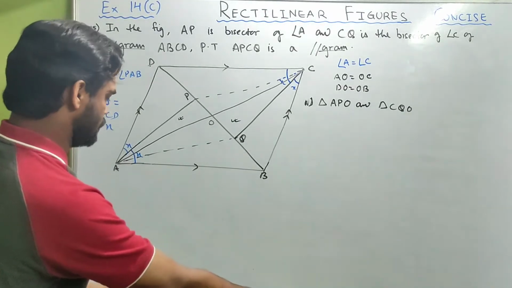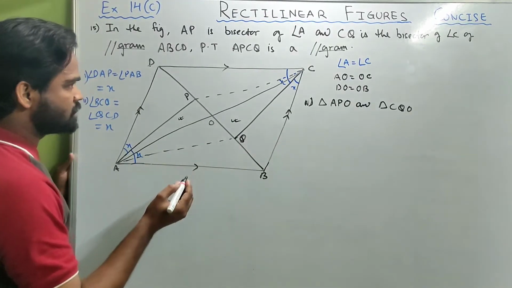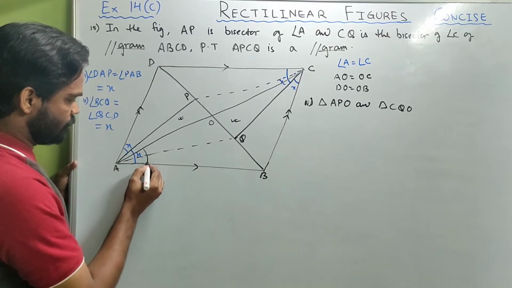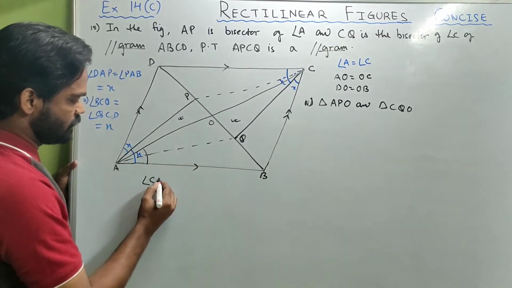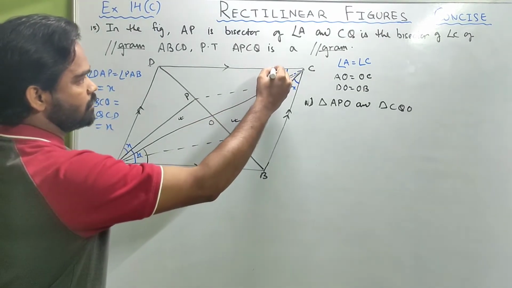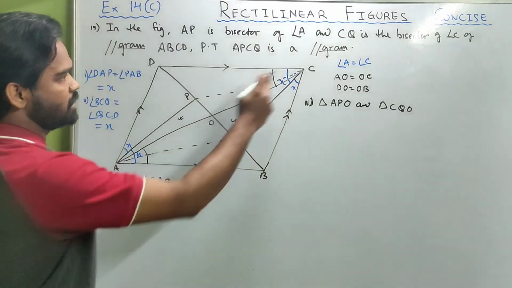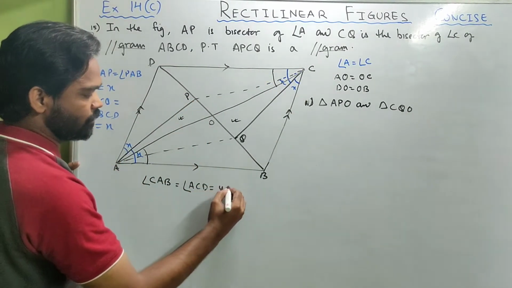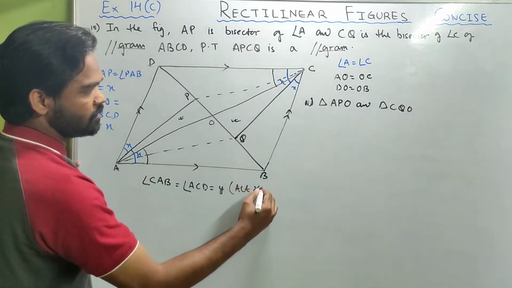Now look carefully. Look at this angle, CAB. I'm talking about angle CAB. And look at ACD. They will be equal. Alternate angles, isn't it?